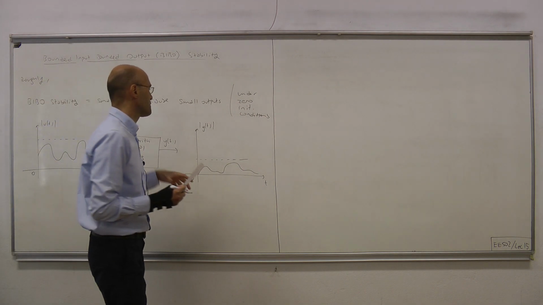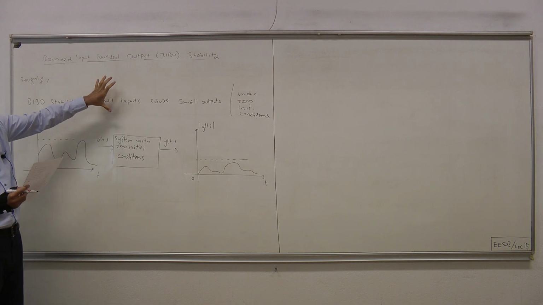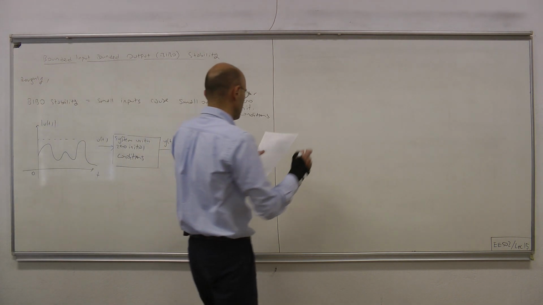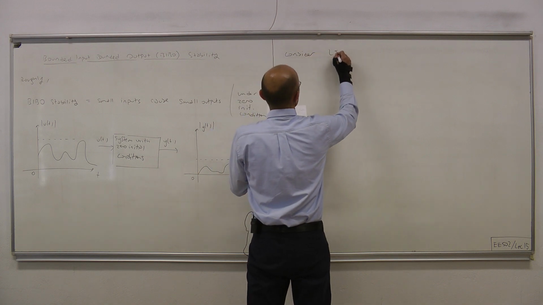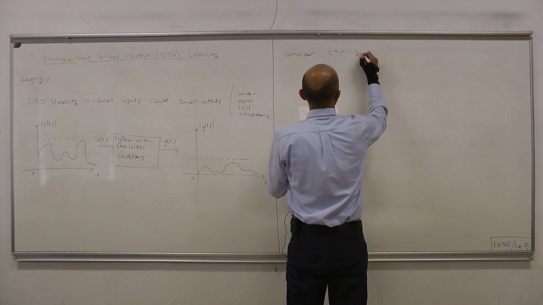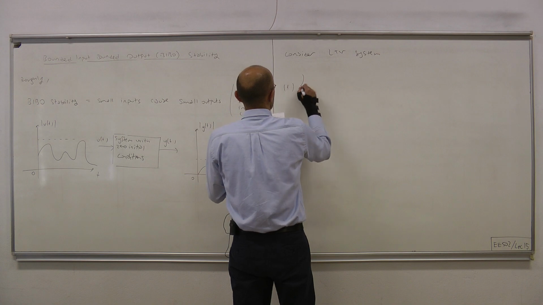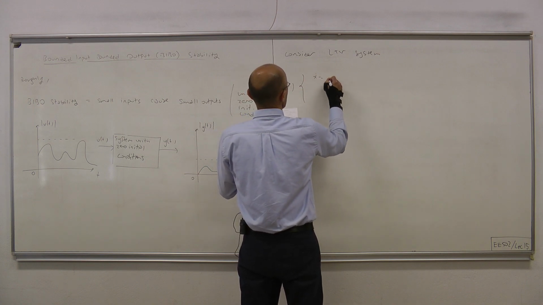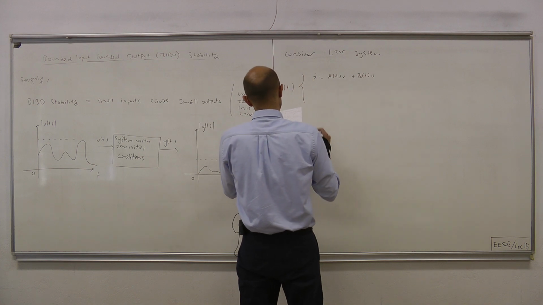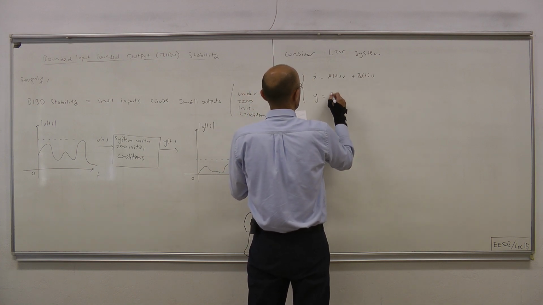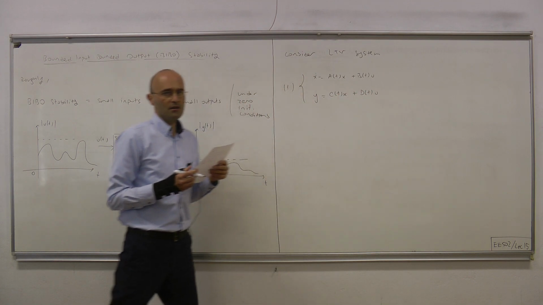Okay, now let's try to be more quantitative or more precise about this informal definition. For that, let's remember our system. Consider the linear time varying system. Okay, let's call it system 1. x dot equals A(t)x plus B(t)u, and the output is C(t)x plus D(t)u.